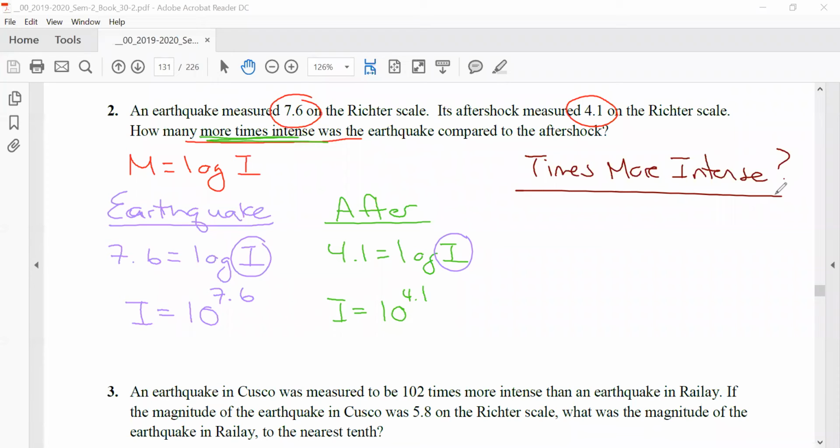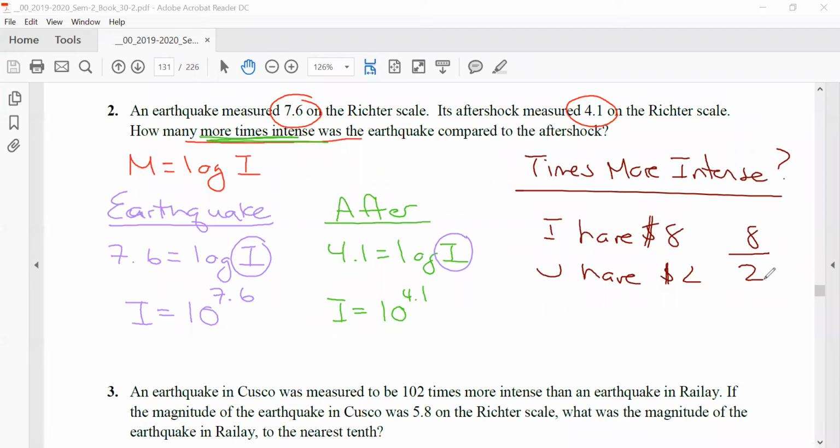before I do this question with logarithms and earthquakes, let's just think about this. I've got $8 and you have $2. How many times more money do you have? You have 4 times more money than me. How I thought of that was 8 divided by 2.